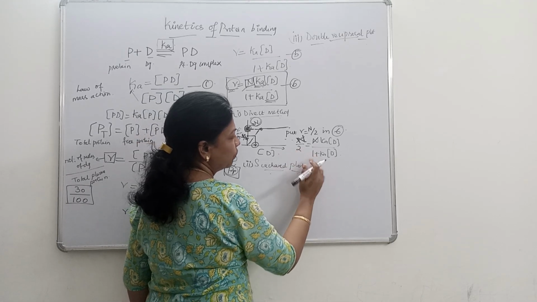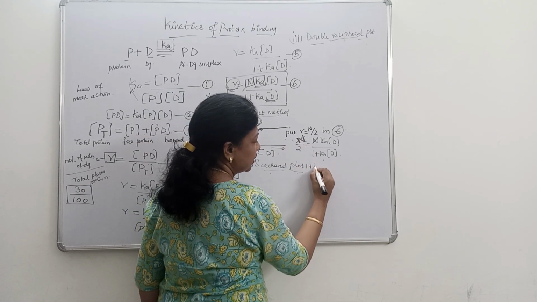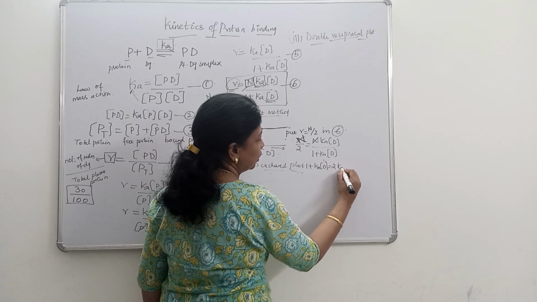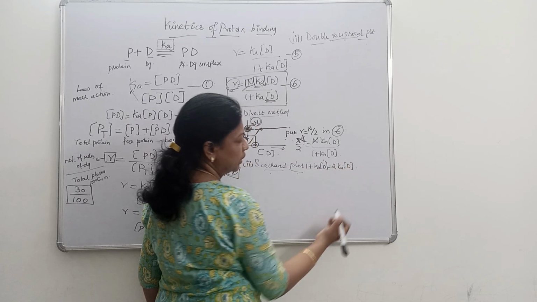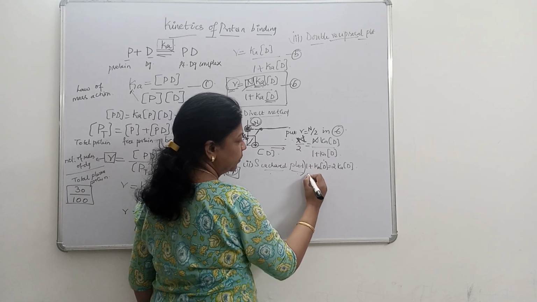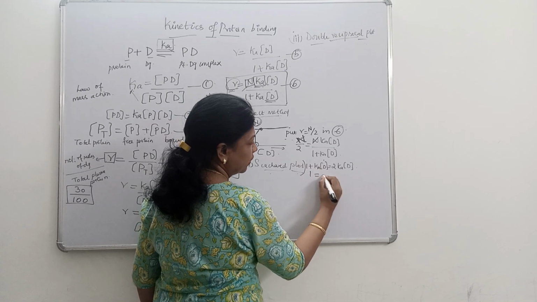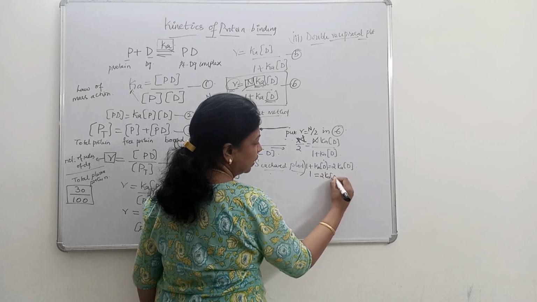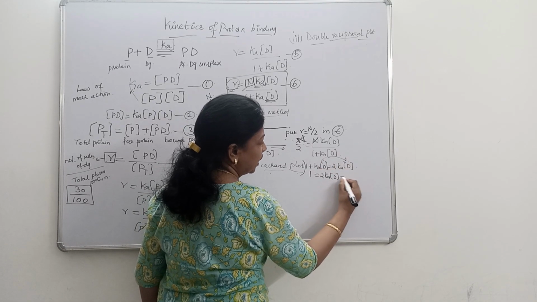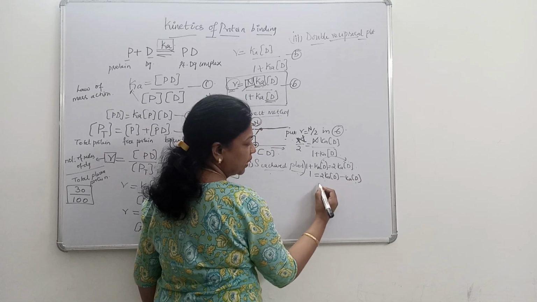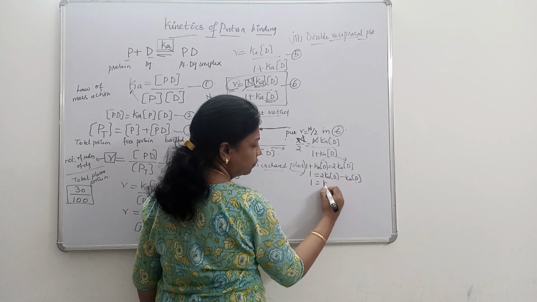So the remaining value will be, this goes this side, 1 plus Ka into D is equal to 2 into Ka into D. So 1 is equal to 2 KaD. When this goes this side, my plus will become minus Ka into D. 2 KaD minus 1 KaD is equal to 1 KaD.